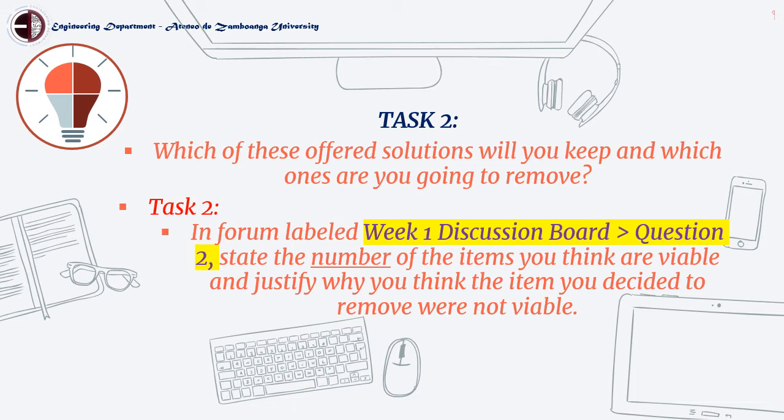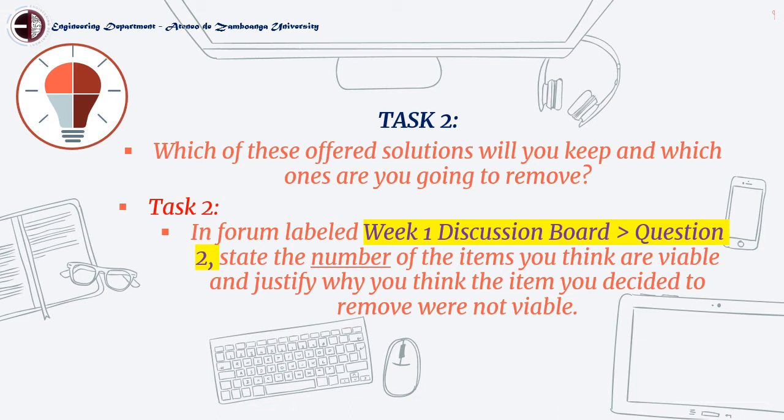So for task number two, which of these offered solutions will you keep and which ones are you going to remove? Remember that you have the list, you examine the viability, and you revise the list by removing those you think are not viable.